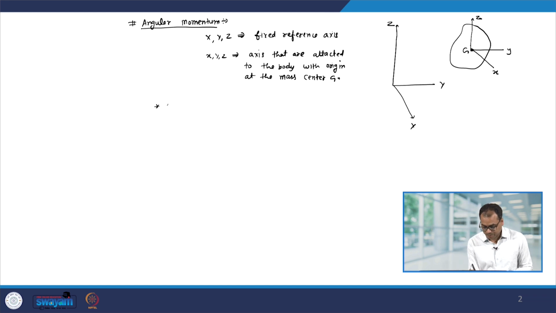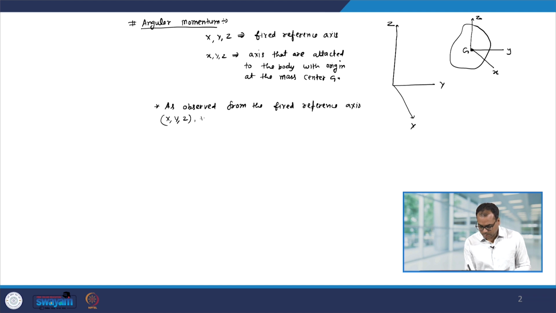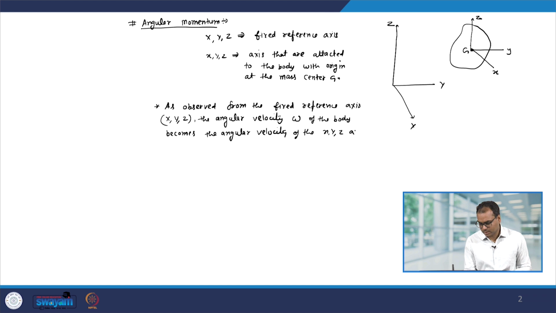So, let me mention this point, that as observed from the fixed reference axis, that means capital XYZ, the angular velocity omega of the body becomes the angular velocity of the small xyz axes, because the small xyz axes are fixed with the body.